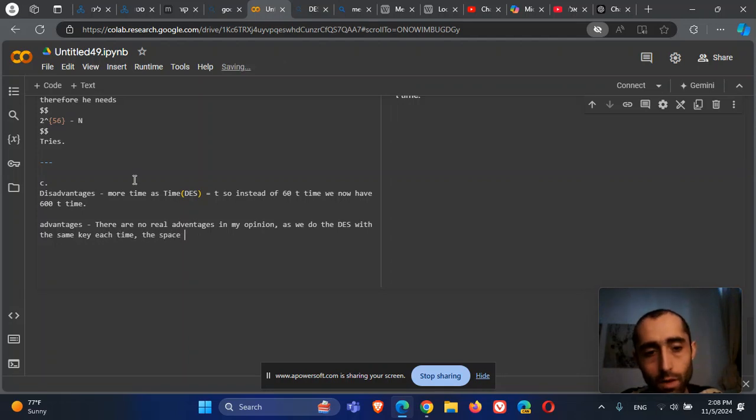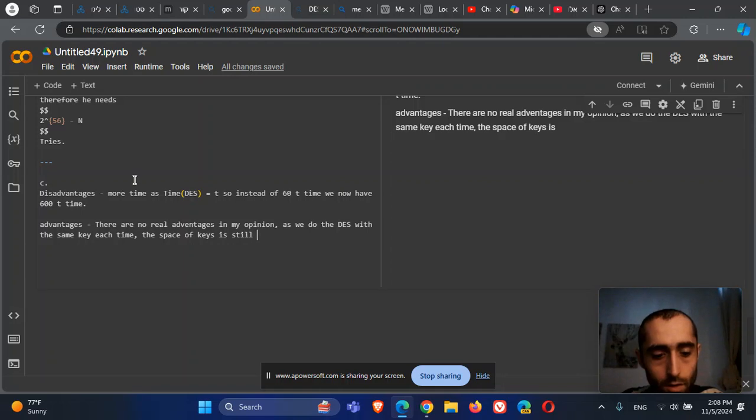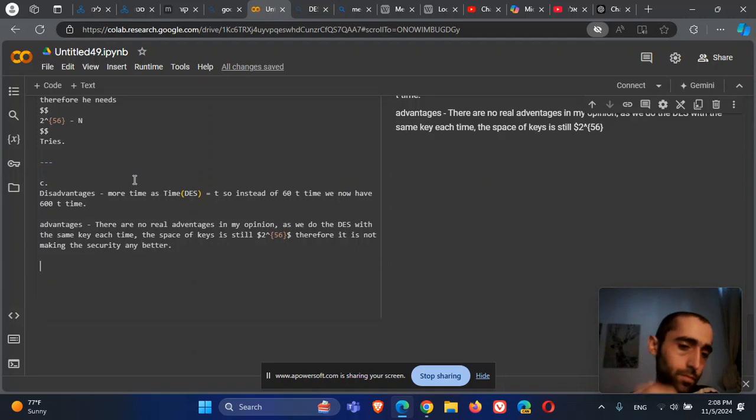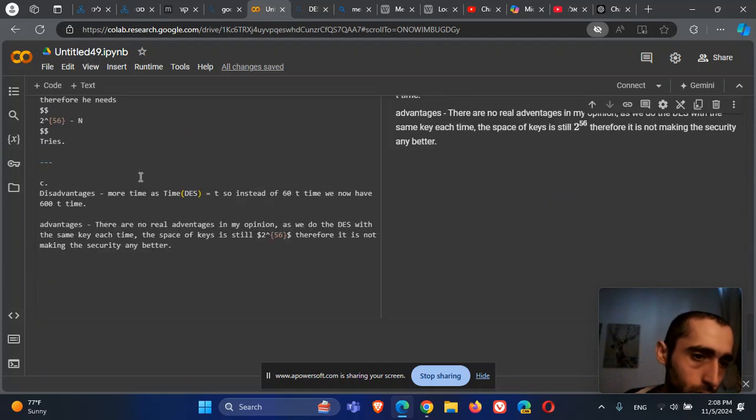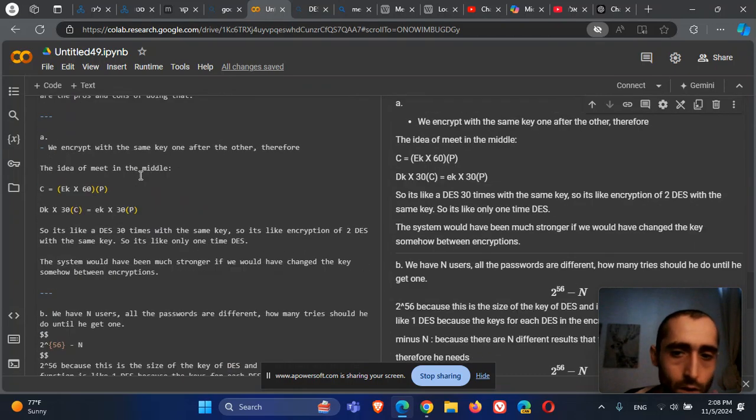The space of keys is still 2 to the power of 56. Therefore, it is not making the security any better. So I don't think it makes any good.